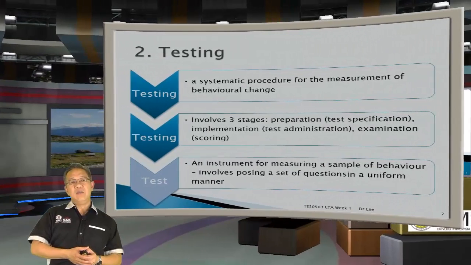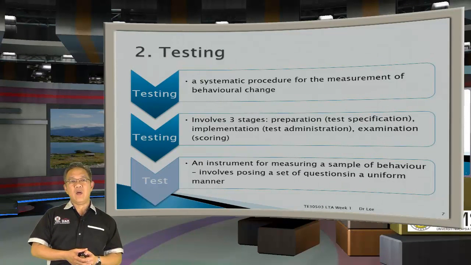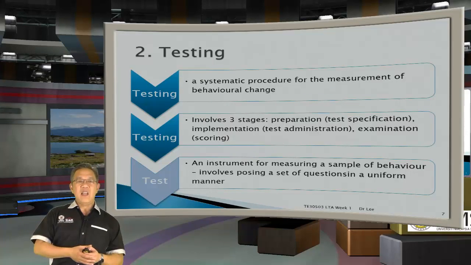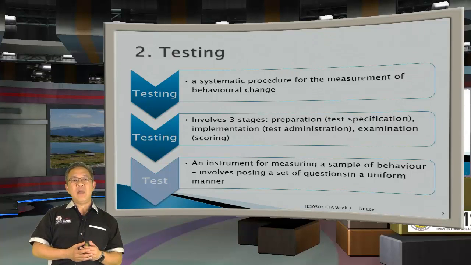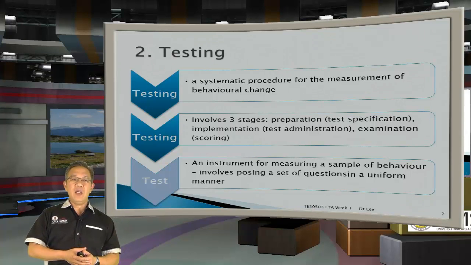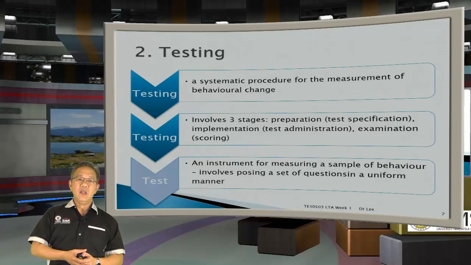The second term that I would like to deal with is called testing. Testing is essentially a systematic procedure for the measurement of behavioral change. And in testing, it usually involves three stages. First, preparation, which is the test specification.